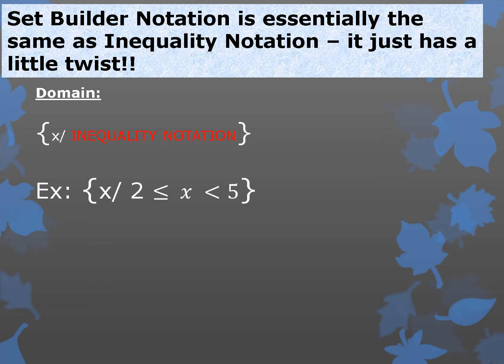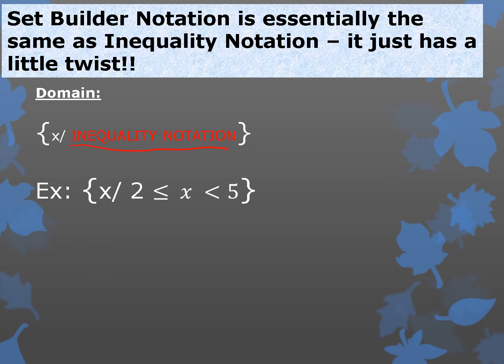When we're talking domain, it's basically inequality with just some stuff around it, okay? So when you're writing the domain, you're just going to add an X slash and birdie braces on either end. Yes, I know they're called braces, but birdie braces is so much cuter.